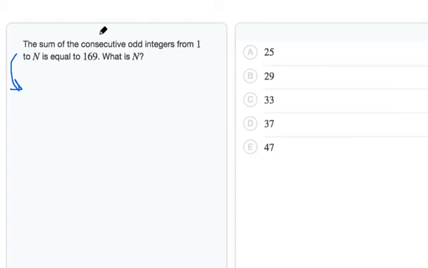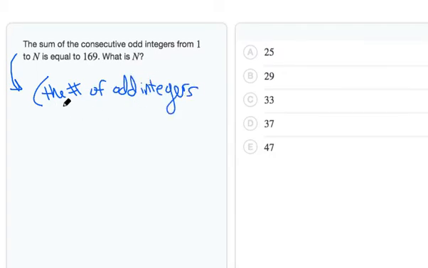We actually have a formula that represents how to find the sum of consecutive odd integers for a certain range of numbers. So to find the sum of consecutive odd integers, we can use the number of odd integers, and here it'll be from 1 to n, squared, which will actually give us the sum of all of those consecutive odd integers.